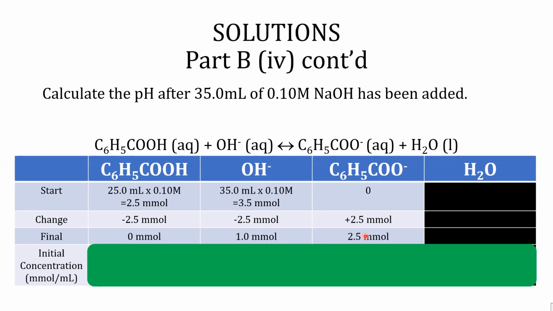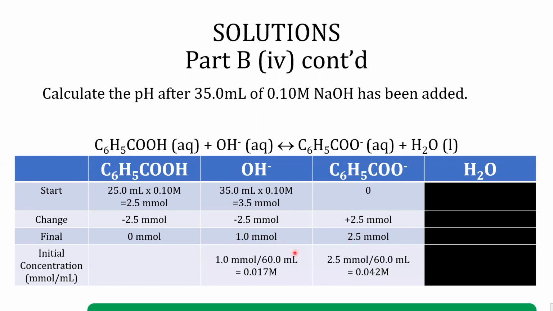The molarity of OH minus is 0.017 molar, and for C6H5COO minus is 0.042 molar. Since hydroxide ion is in excess, one can determine the pH of this solution.